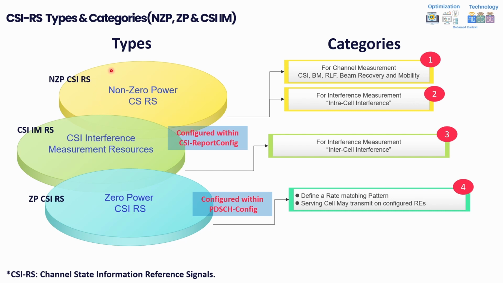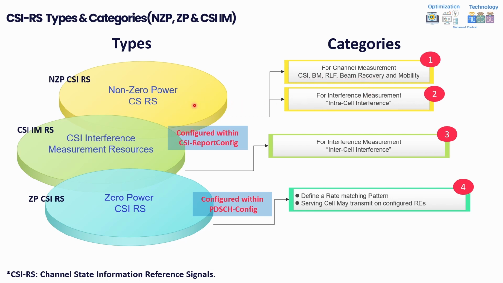We have non-zero power CSI-RS, which is used for channel measurement, for example all the previous functions highlighted in the first slide. This is used for channel state information, beam failure, beam management, beam recovery, mobility, and so on.